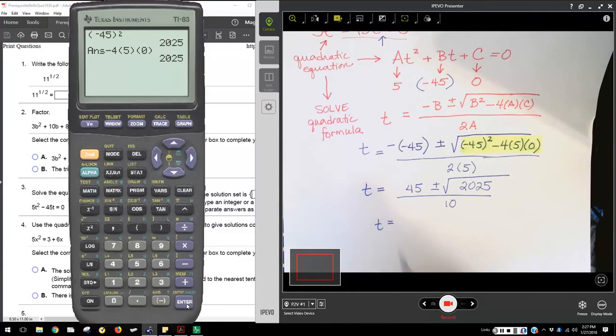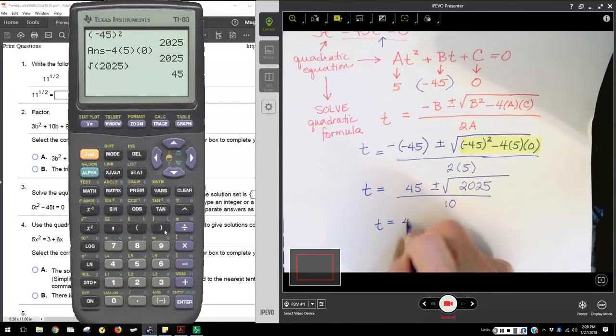So then the next piece of arithmetic that I need to do is I need to take the square root of 2025. So second x squared key to take a square root, and then 2025, and close my parentheses. And that comes out to be, of course, 45.